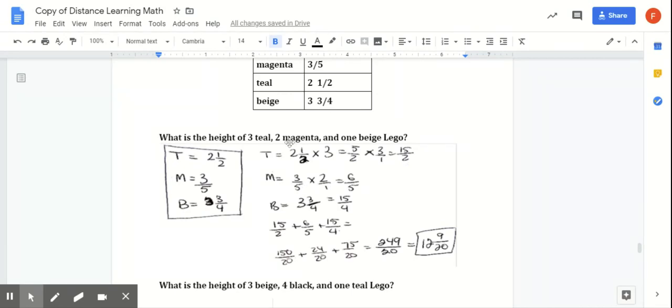We have 2 magenta. So I'm going to multiply that by 2, and I'm going to get 6/5. And we have 1 beige, so that stays as is, 3 3/4. And I'm going to turn my mixed number into a fraction greater than one. And I'm going to add all my parts together so I can get the total height.